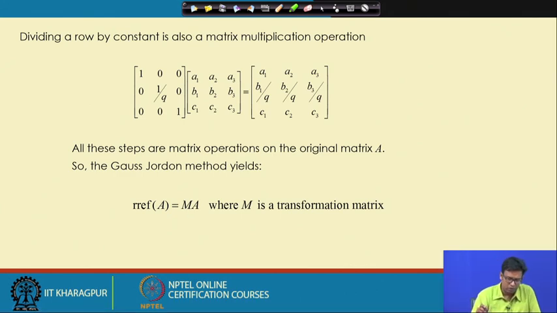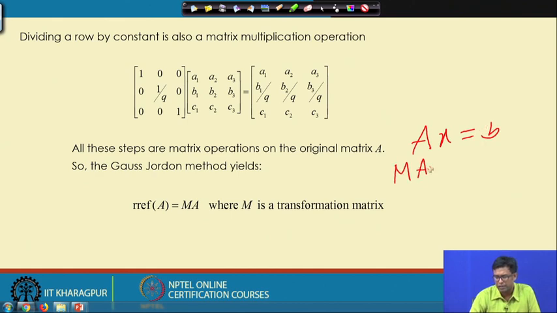So, the Gauss-Jordan method will tell me that as I have an equation A x is equal to b, now I will write M A x is equal to M b, because M A will be the matrix operation applied on A and which will give me the reduced row form of A, and this will give me M b.